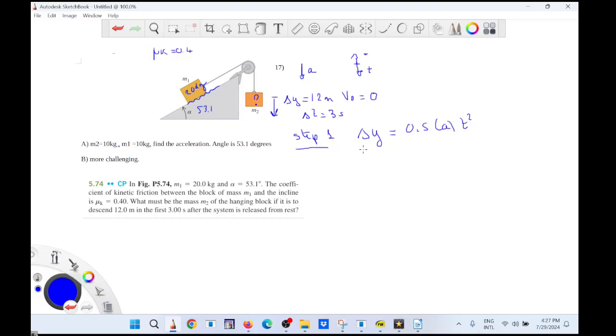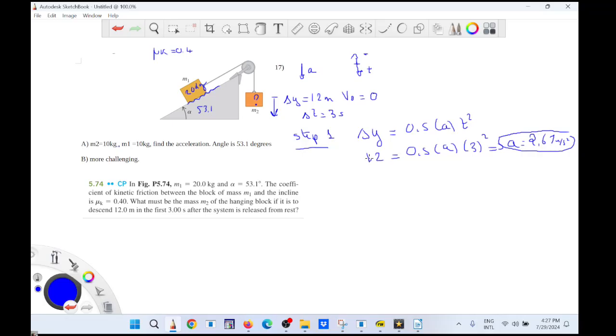So 12 equals 0.5 times acceleration times 3 squared. Do it yourself, because you have to pause the video each time. The acceleration is 2.67 meters per second squared. I keep 3 significant figures.